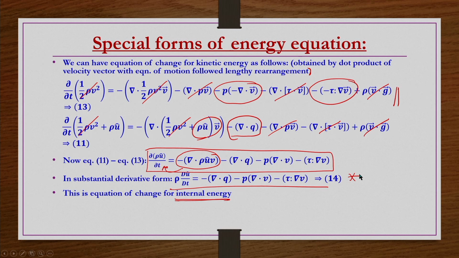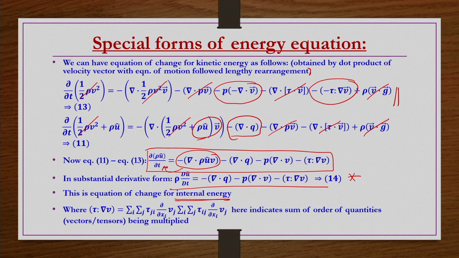Now, we further simplify this equation so that we can write the same equation of change in the form of enthalpy. That is, we are going to derive the equation of change for enthalpy of the system. This τ double dot del v, whatever is there, indicates the viscous dissipation part, and it has 9 terms.